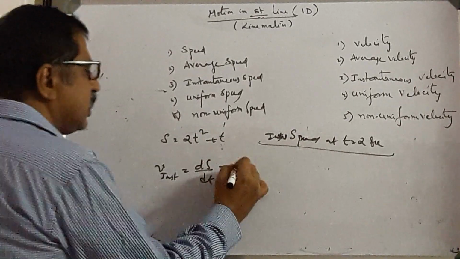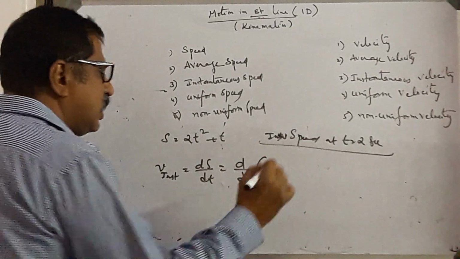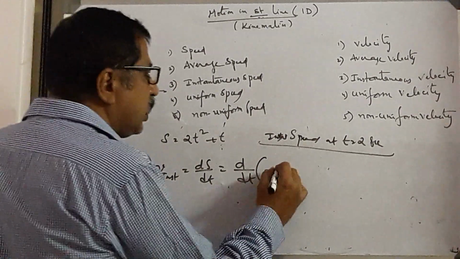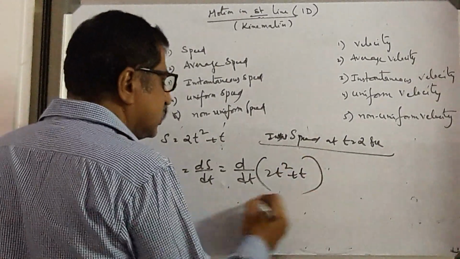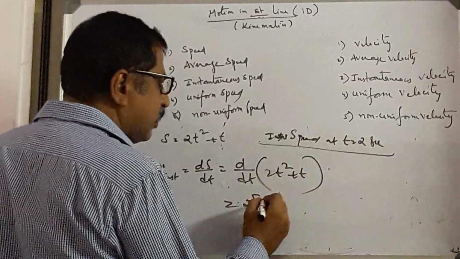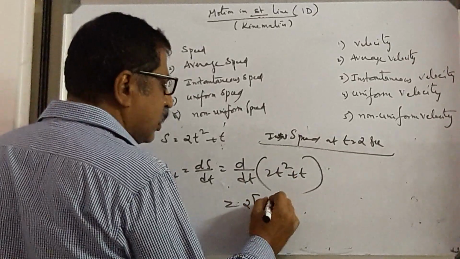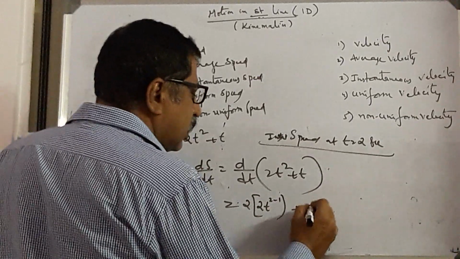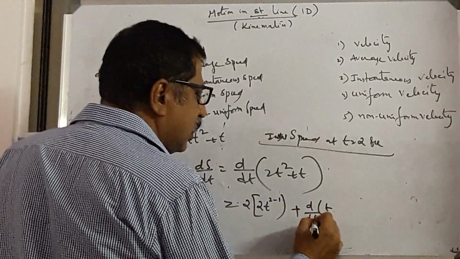We differentiate this equation: ds by dt is equal to 2t square plus t here. This differentiation is 2 into the differentiation of t square, 2t to the power 2 minus 1, plus d of t by dt.